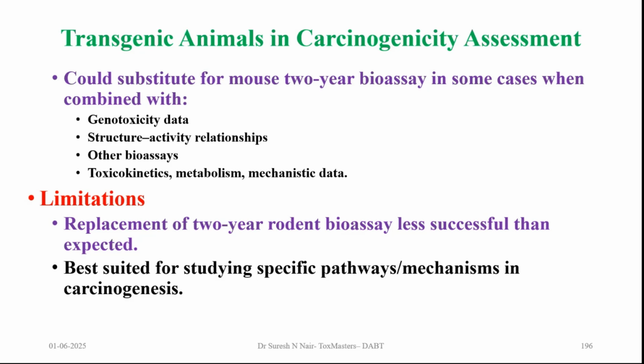So for example, when one pathway is not present in a particular animal, a mutant animal, you can see whether the carcinogen is acting through that pathway. If it is acting through that pathway, then if that pathway is absent, the animal will not develop carcinogenesis. So rather than using it for regulatory purposes, it is more commonly employed for mechanistic carcinogenesis study in the case of transgenic animals.